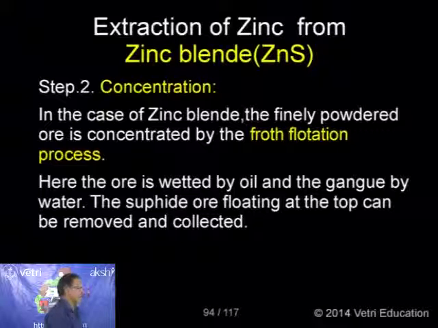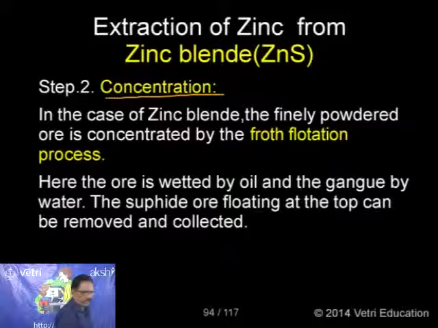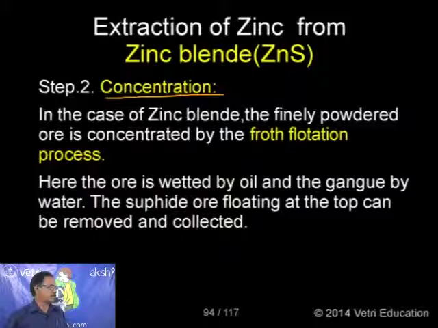Step 2, concentration. Under concentration, we know a number of methods are involved. What are they? Hand picking, gravity separation, froth flotation process, magnetic separation, electrostatic separation, chemical separation. So, a number of methods are available here. In this case, zinc is a sulfide ore.